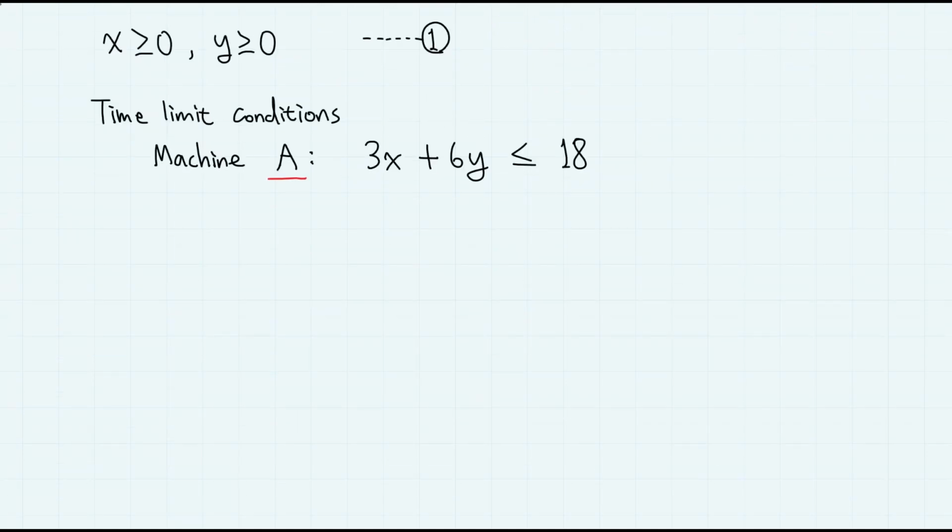Let us write this in line form, which is that y must be less than or equal to negative 1/2 x plus 3. Let's call this inequality 2. This form will be useful later when we think about graphical representation.